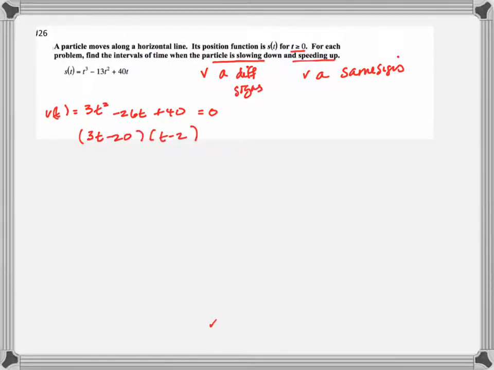That gives you 3t squared minus 6t minus 20t, which is minus 26t, plus 40, equals 0. So for the first one, t equals 20/3, which is 6 2/3, and t equals 2.